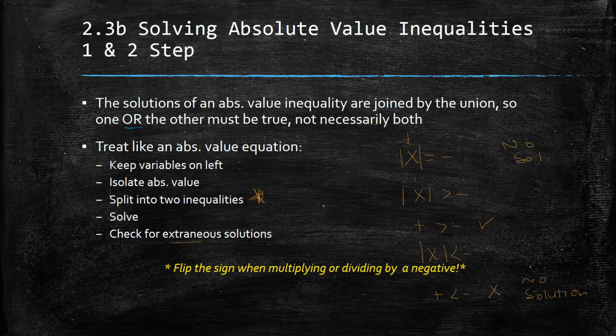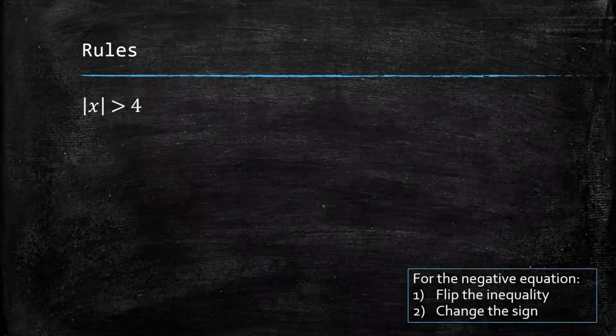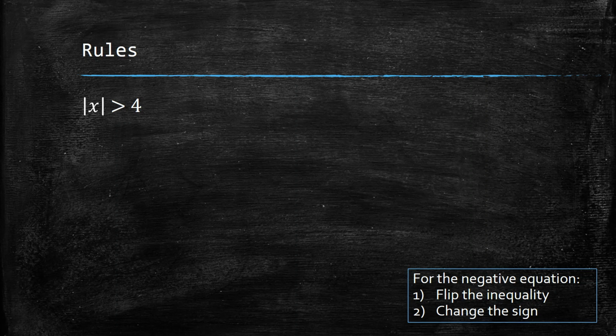As always, remember that when you are multiplying or dividing by a negative, you have to flip your inequality sign. So when you're taking the absolute value of an inequality, you're going to treat it in the same way that you treat your equations for absolute value. So when we solve for the absolute value of x is equal to 4, you have both the positive side and the negative side.